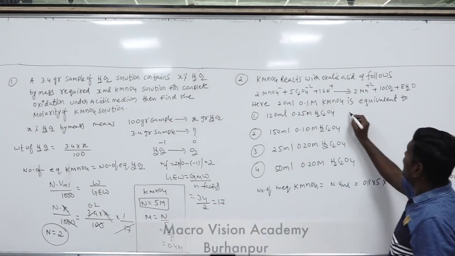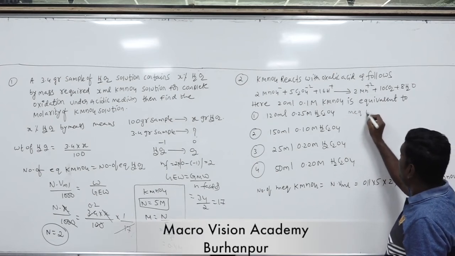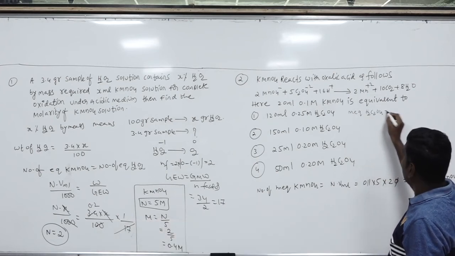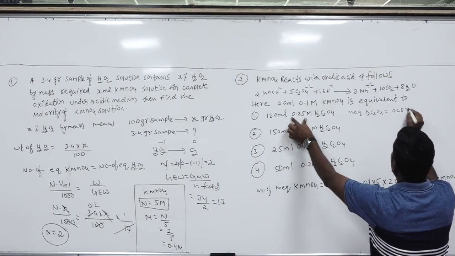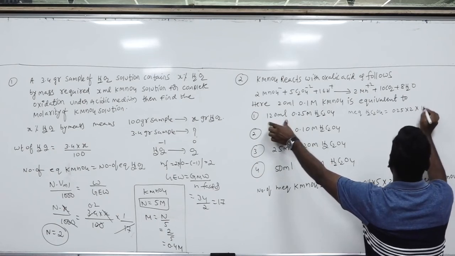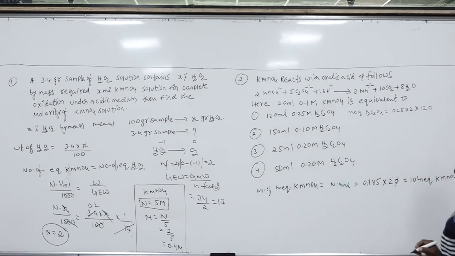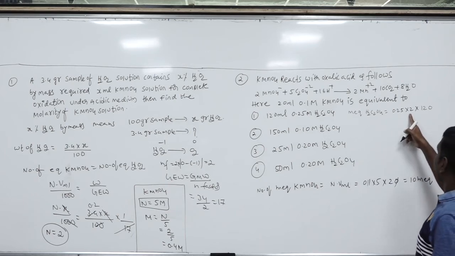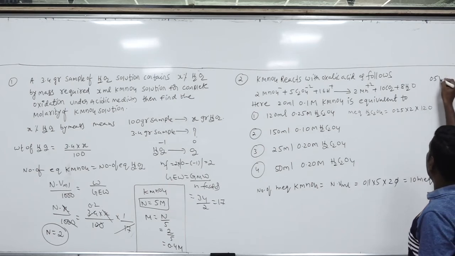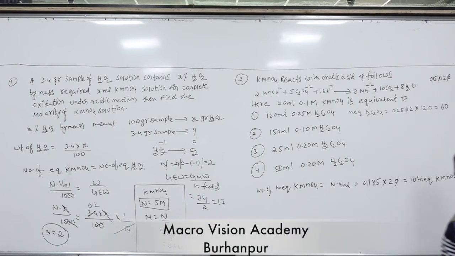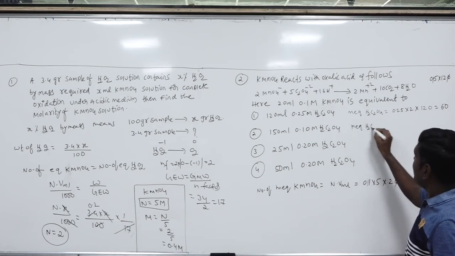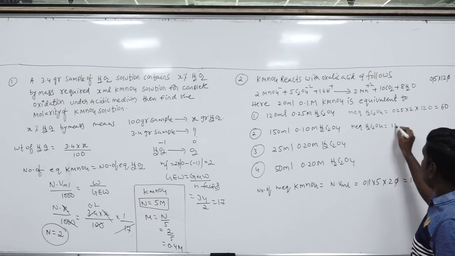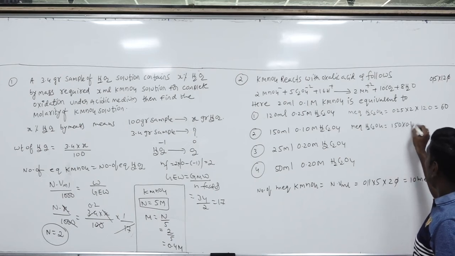Now tell me the milli equivalents of oxalic acid in the first option. Molarity 0.25 into n factor 2 into volume 120, so 0.5 into 120, that gives you 60. Now in the second option, the number of milli equivalents of oxalic acid is 150 into 0.1 into 2.